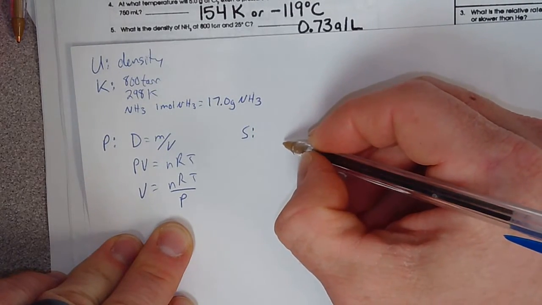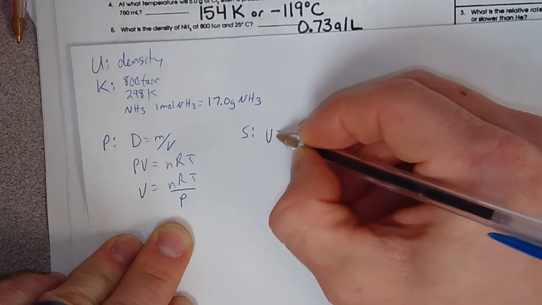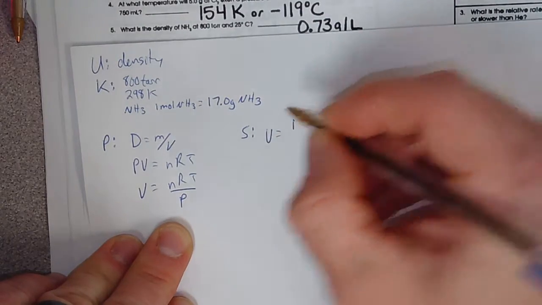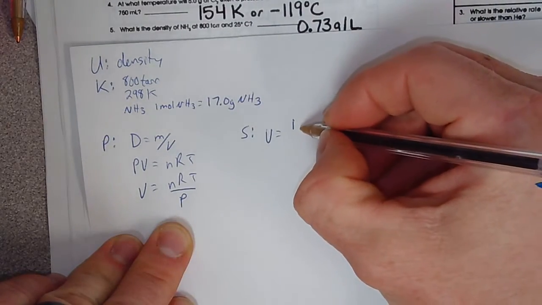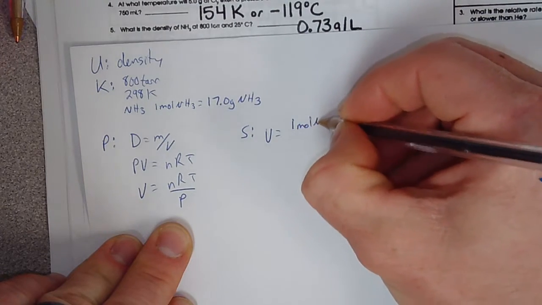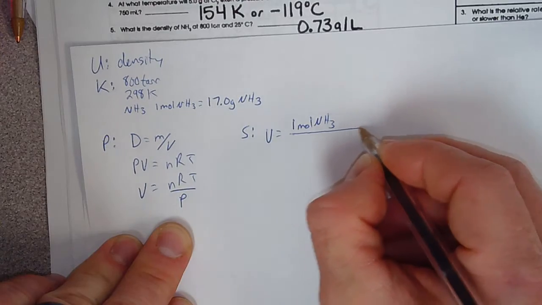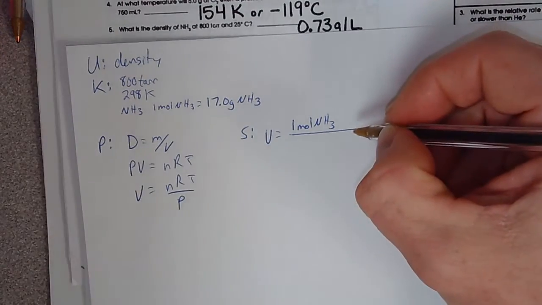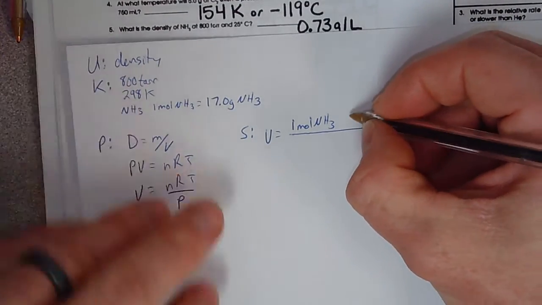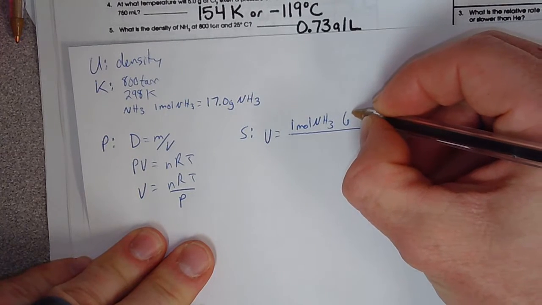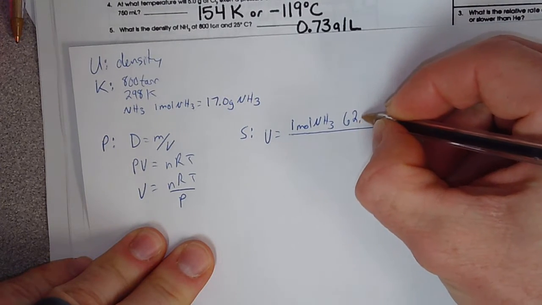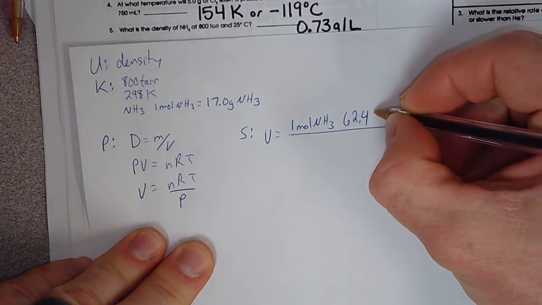And let's come over here and do the solve part of this. So 1 mole is what we're going to assume that we have. And our pressure is in torr, so I'm going to use 62.4 because that's the gas constant that goes with torr or millimeters of mercury.